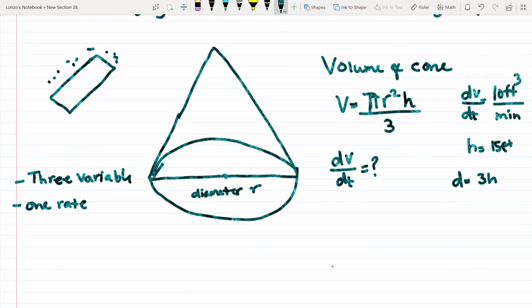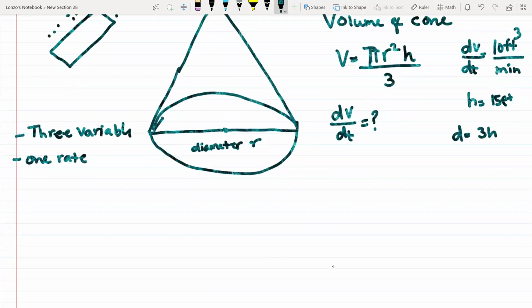What should we substitute? Maybe we should substitute our radius. We know the diameter is 3 times h.